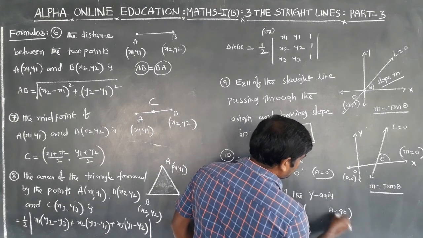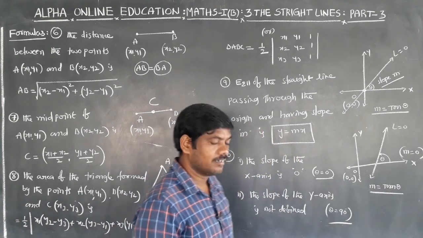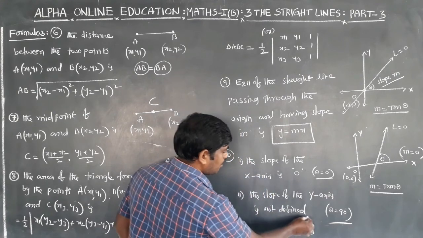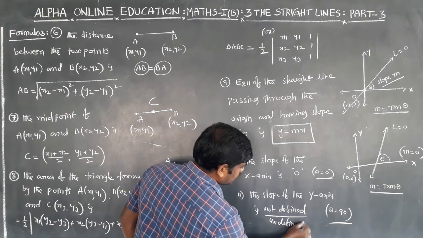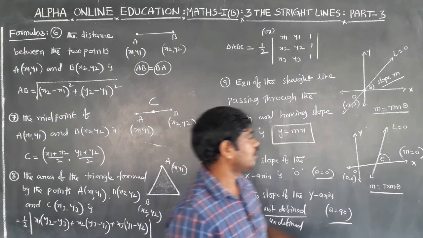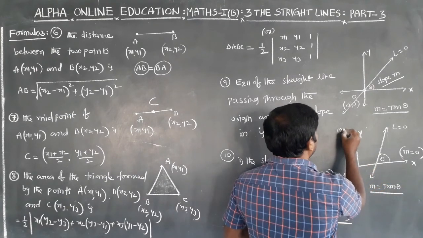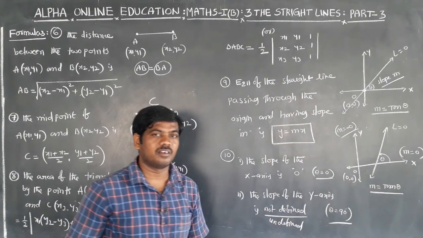So the slope of the y-axis is undefined. The slope of the x-axis is 0. The slope of the y-axis is undefined.